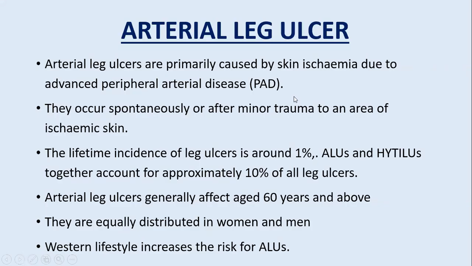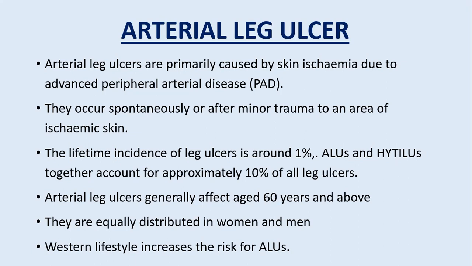Now we have come to the third kind of ulcers, which are the arterial leg ulcers. The arterial leg ulcers are primarily caused by skin ischemia due to advanced peripheral arterial disease. They occur spontaneously or after minor trauma to an area of ischemic skin.